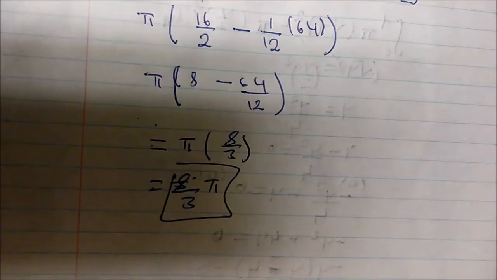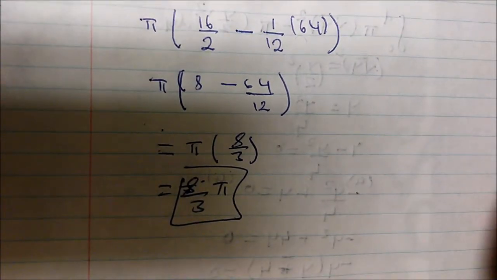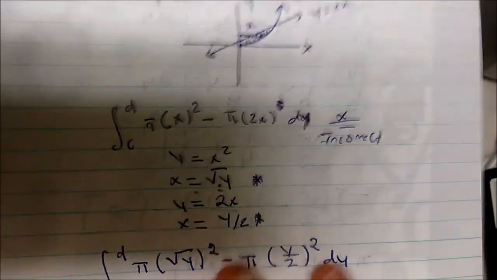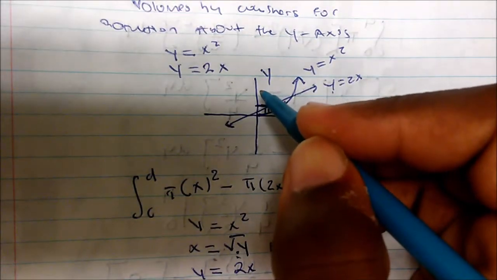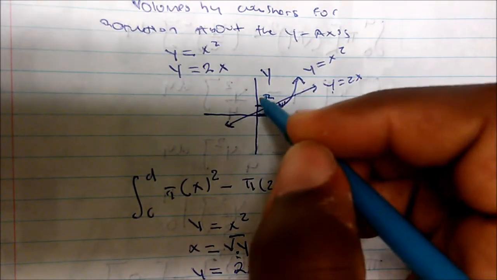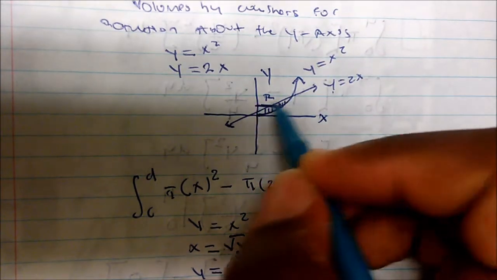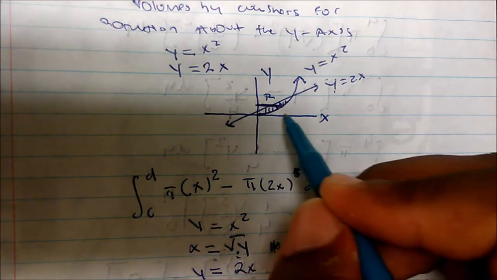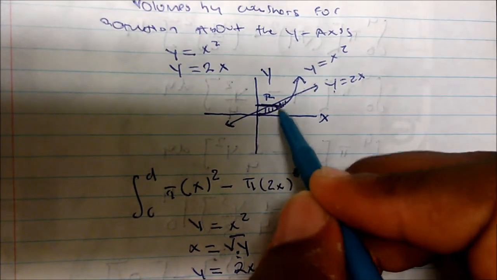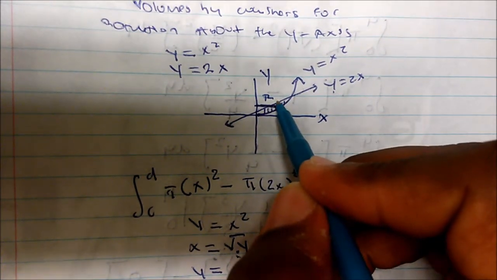So what's the big picture to take away from this video? Knowing that if I'm walking along the y-axis, I have to be very careful. My upper function will change. It will not be the same. If I'm walking along the x-axis, notice that my upper function is y equal to 2x.